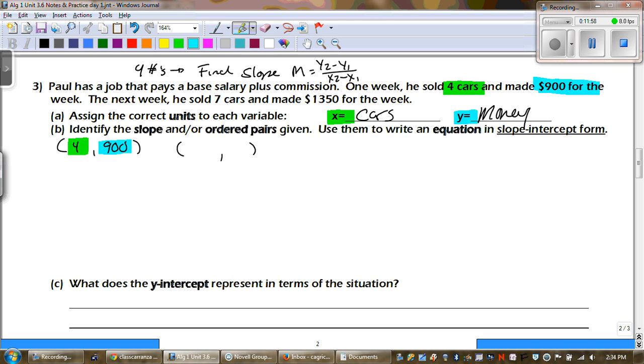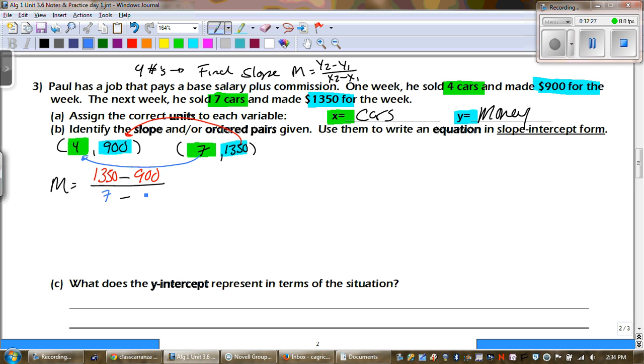Now let's look at that last sentence. He sold 7 cars and $1,350. So 7, and then there we go. So if we're finding slope, our y's go on top and the x's go on the bottom.